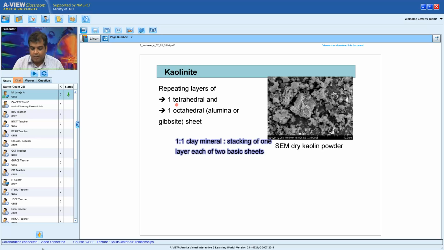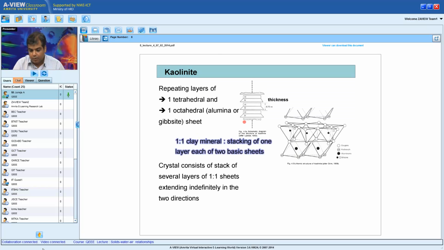It consists of one tetrahedral and one octahedral. So one tetrahedral stacked to one octahedral, and these stackings repeat n number of times. So let's look at this stack very carefully. One octahedral and one tetrahedral. So if I'm able to show this clearly, this one is an octahedral, that's a tetrahedral over there.